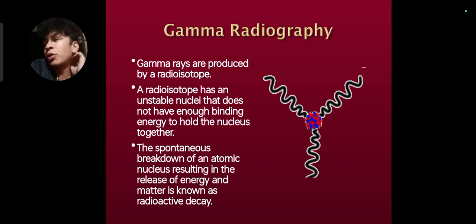Let's talk first about gamma radiography. It is done by the use of a radioisotope. This radioisotope has unstable nuclei that do not have enough binding energy to hold the nucleus together. The spontaneous breakdown of an atomic nucleus resulting in the release of energy and matter is known as radioactive decay.